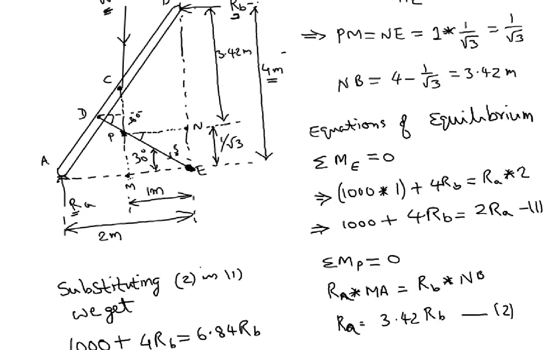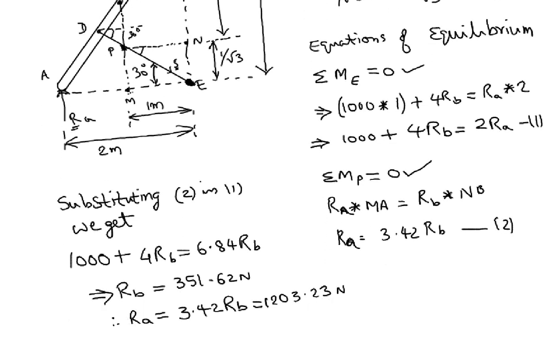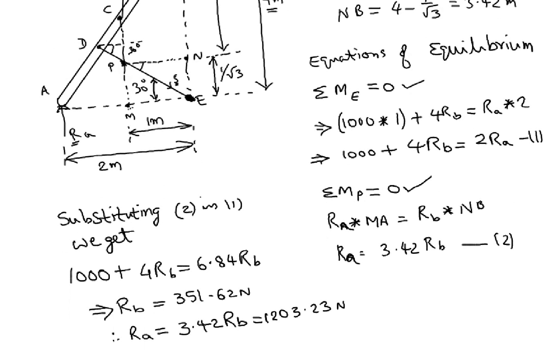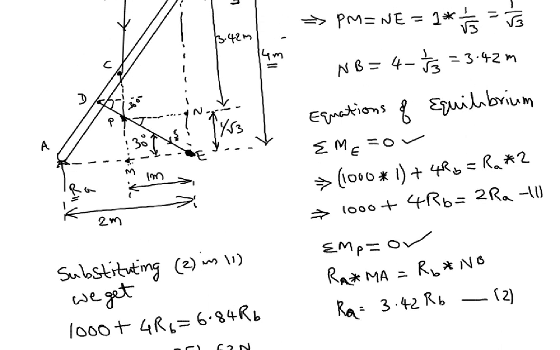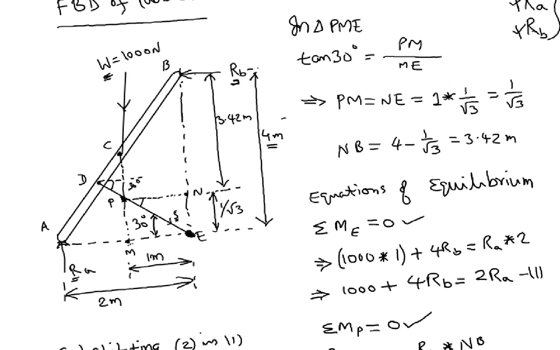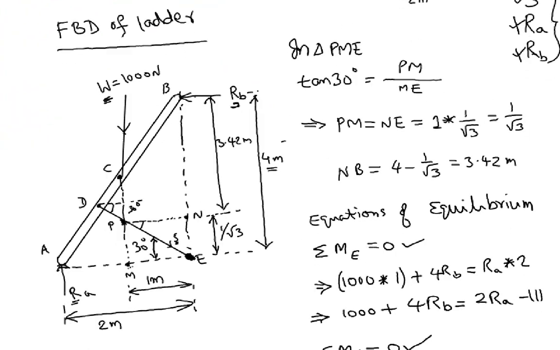One equation of equilibrium we have written is sigma ME is equal to 0. The other one is sigma MP is equal to 0. To find the other unknown, we can take moments about any other point which is not collinear with E and P. Fortunately, we have a simpler approach.